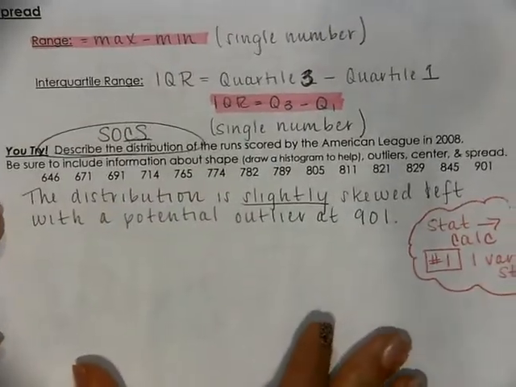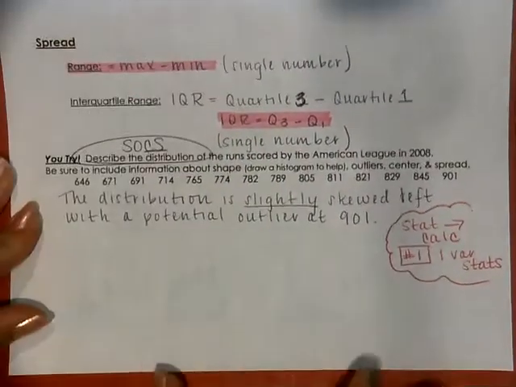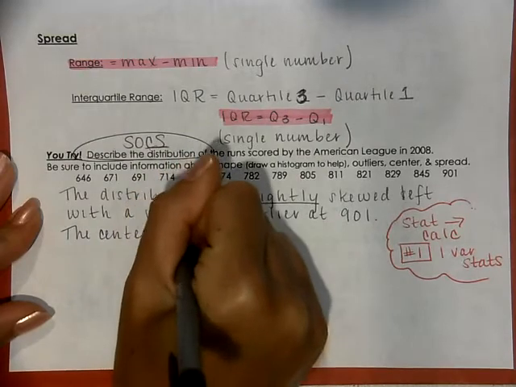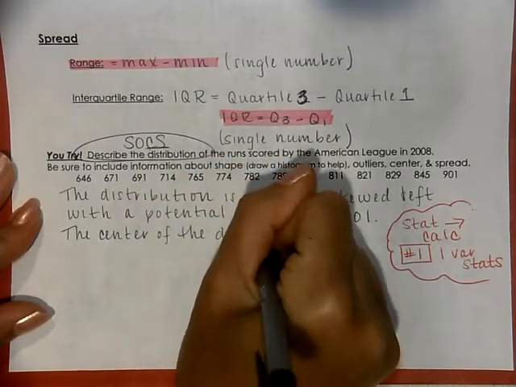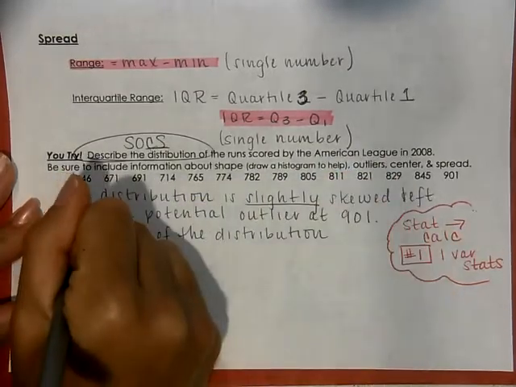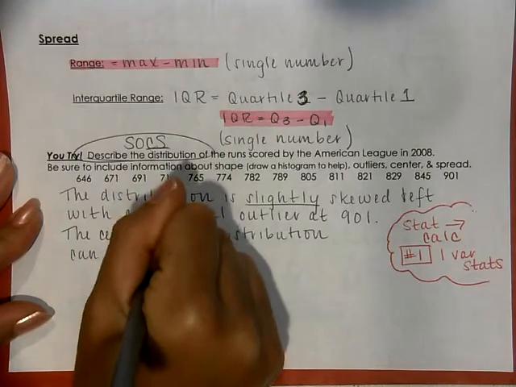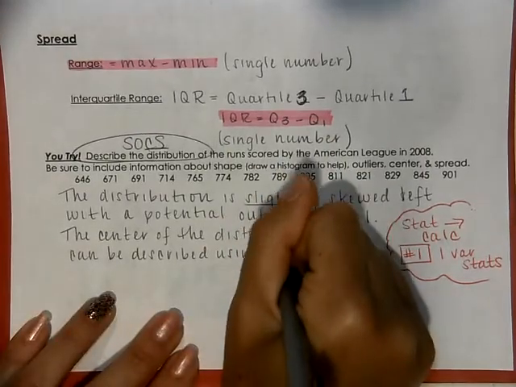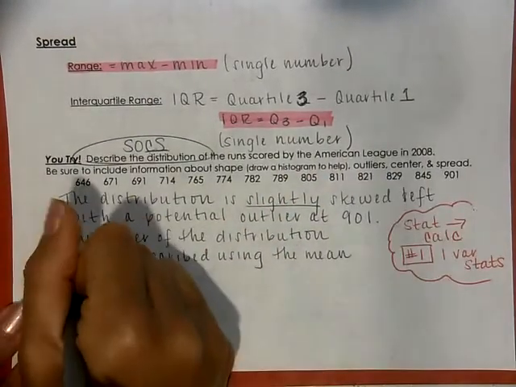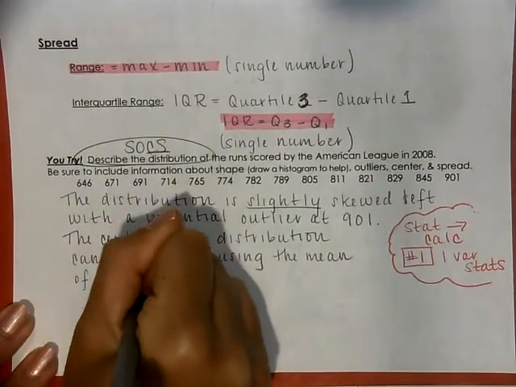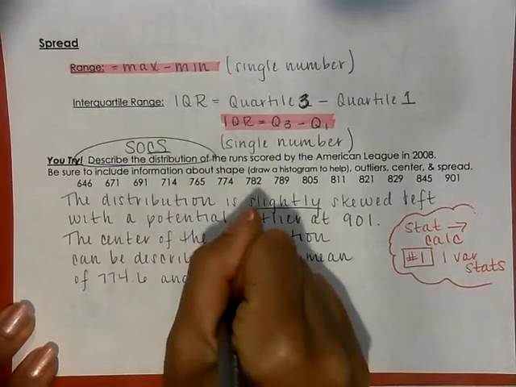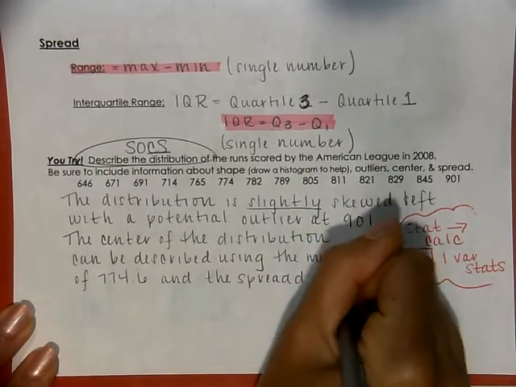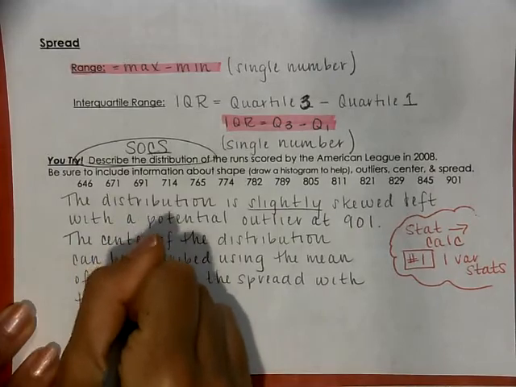So the center of the distribution can be described using the mean of 774.6 and the spread with the, let's use the IQR.